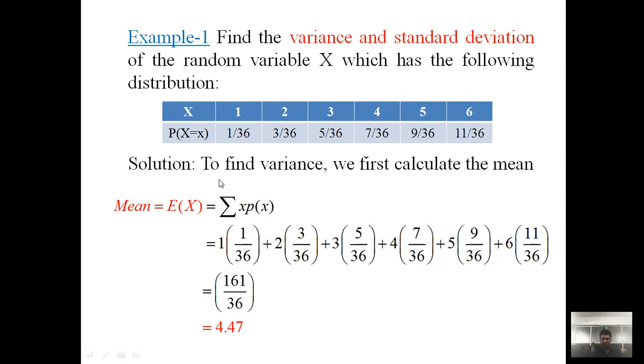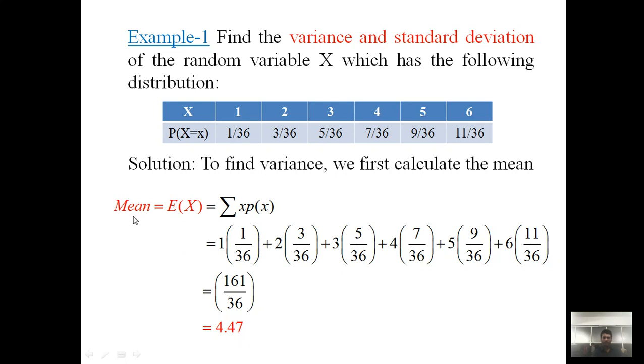So x1 is 1 into P of x1, that is 1 by 36, plus x2 is 2 into P of x2, 3 by 36, plus x3 is 3 into P of x3, 5 by 36, and so on, plus x6 is 6 into P of x6, that is 11 by 36. By simplifying this we get 161 divided by 36, and further simplification gives the expectation as 4.47.